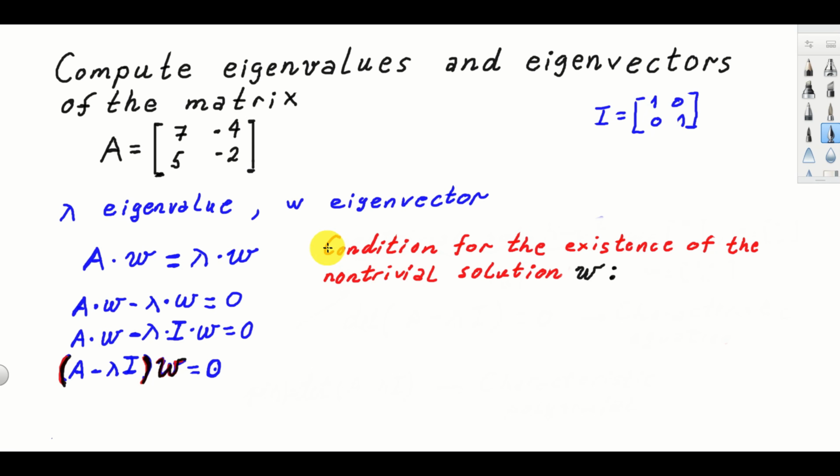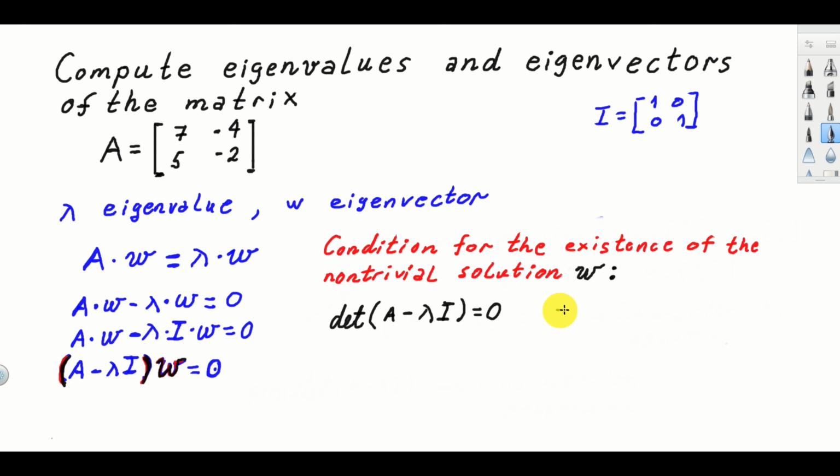The main condition for the existence of the non-trivial solution W is that the determinant of this matrix is equal to 0. That is, the determinant of A minus lambda I is equal to 0.